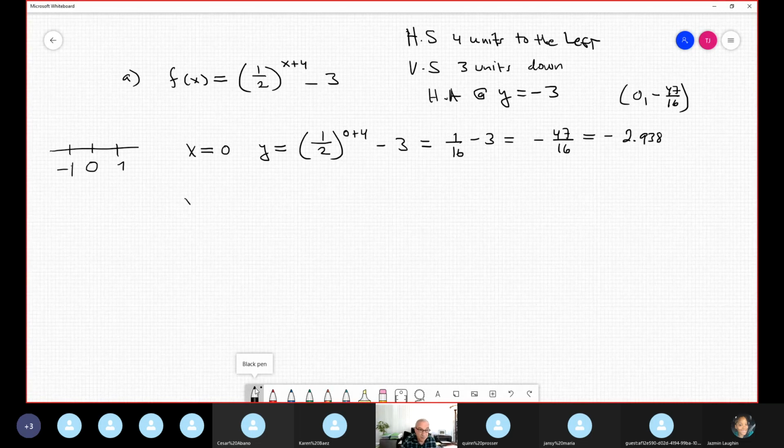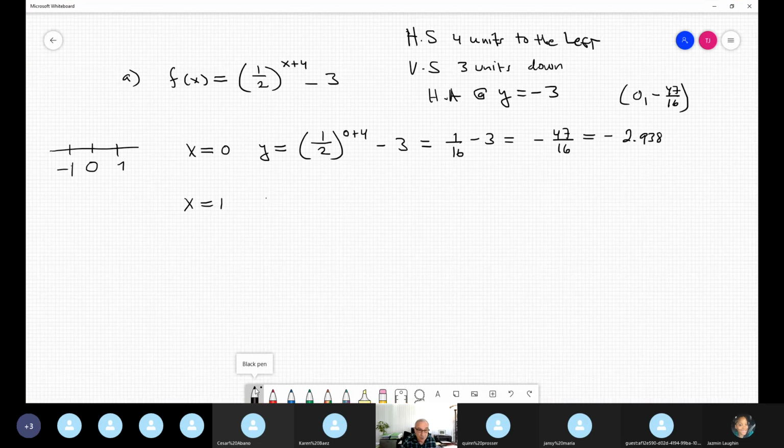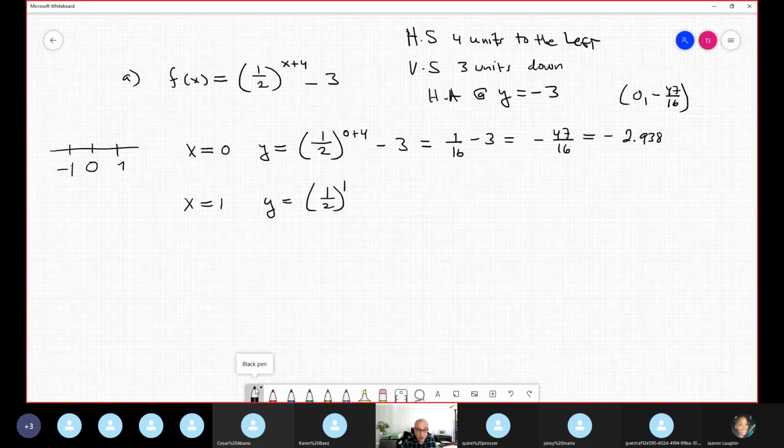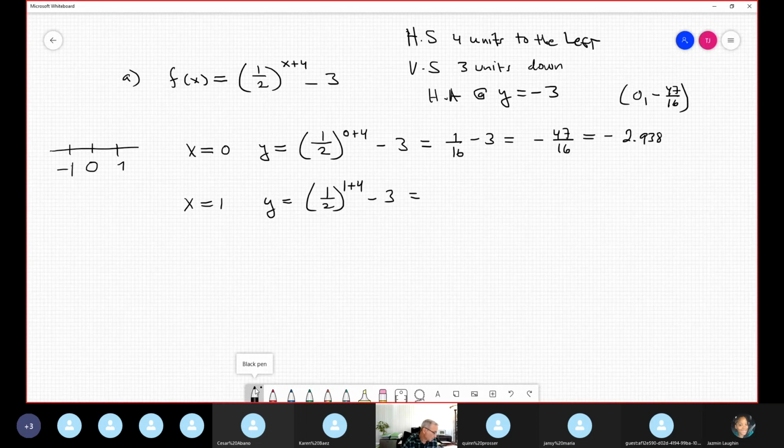Now at x equal 1, y is equal to (1/2)^(1+4) minus 3. 1 plus 4 is 5, and 1/2 raised to the 5th power is 1/32, no?